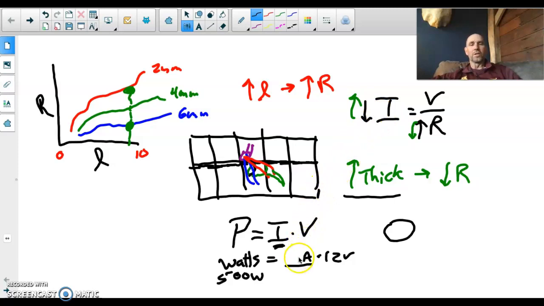If there's more current, then we can maybe deliver maximum watts to that speaker. So if you pay for 500 watts, you want to get 500 watts of quality out of that speaker. And the way you accomplish that is having really thick wire. So if you look at speaker wires, sometimes they're really thick and bulky, and that's the reason why. You want to lower the resistance so that you can draw maximum current.